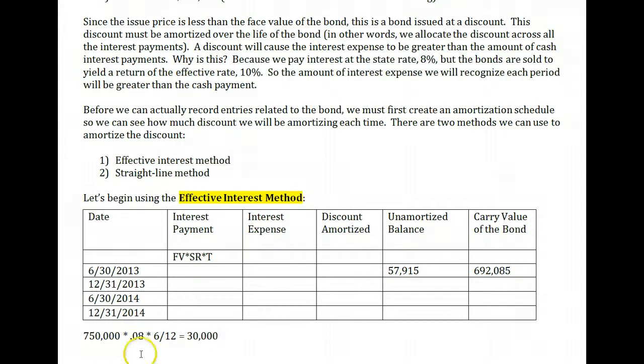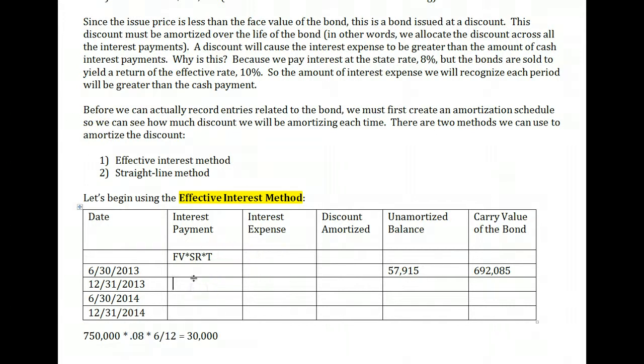Now, another way to do that is 750,000 times 4%. Some people will say that, well, all you're doing is taking the rate and splitting it in half. That is absolutely true in this case. So 8% divided by 2, 6/12 is the same thing as half, 1/2. So 8% divided by 2 gives you 4%. So 750,000 times 4% would also give you that 30,000 in interest.